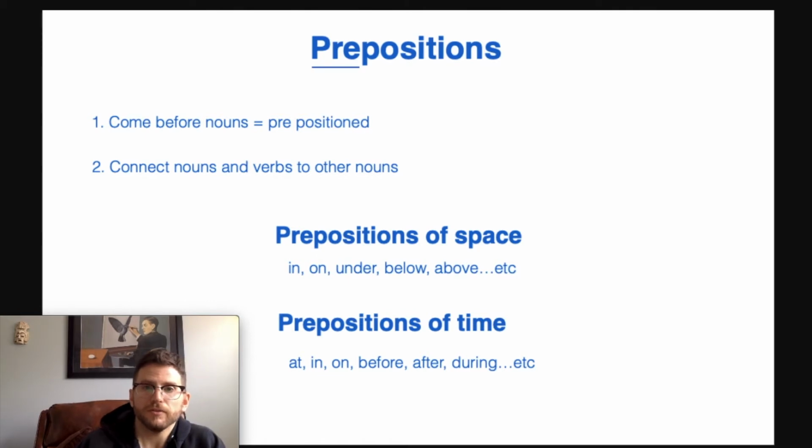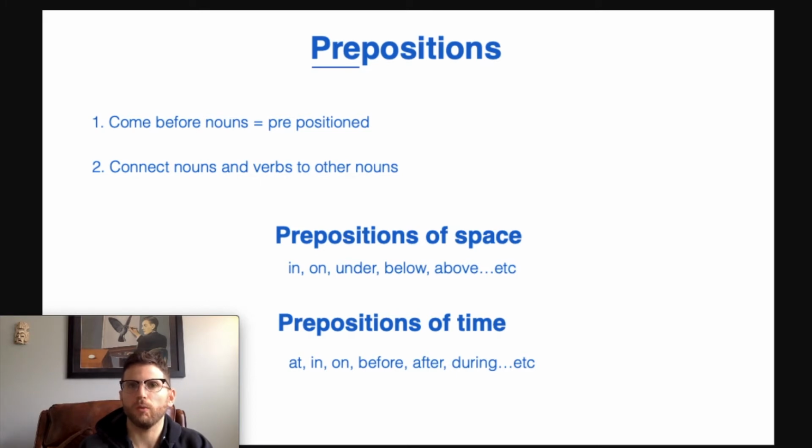There are two kinds of prepositions, and I will explain point number two in more detail in the next slide or the slide after that. There are prepositions of space and there are prepositions of time.